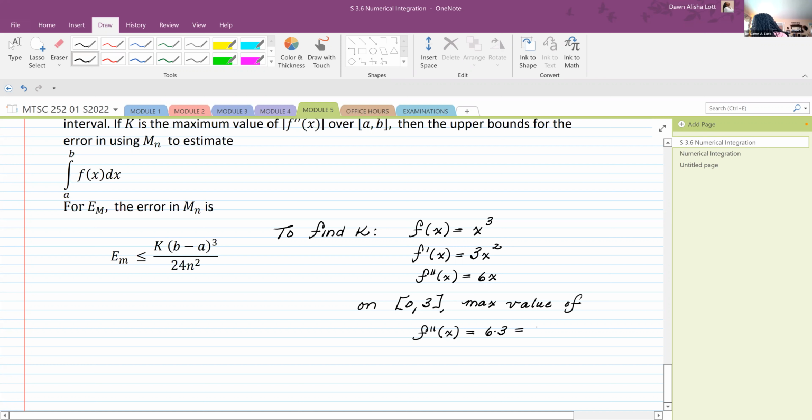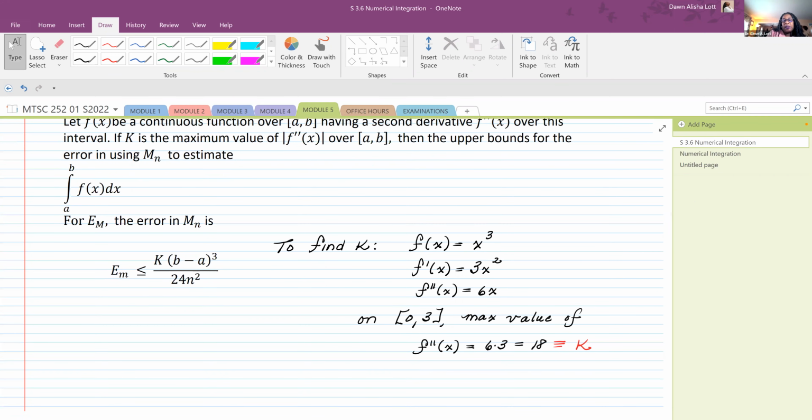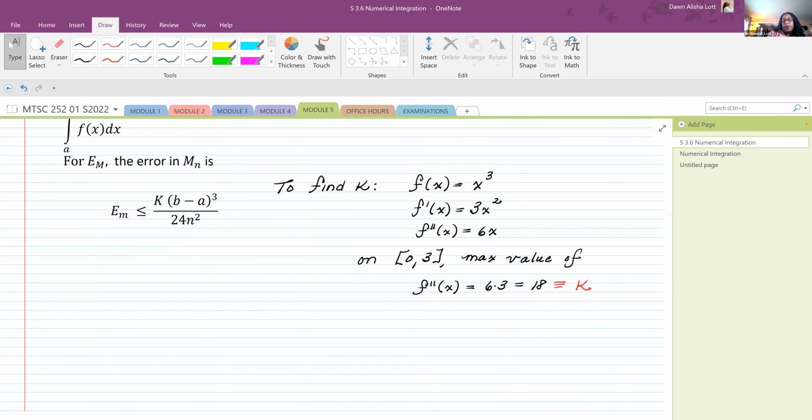That's the biggest it can be, and that's 18. So therefore, we're going to let that equal k. So you find the second derivative, and you make it the biggest it can be on that interval. So that's going to be our k.